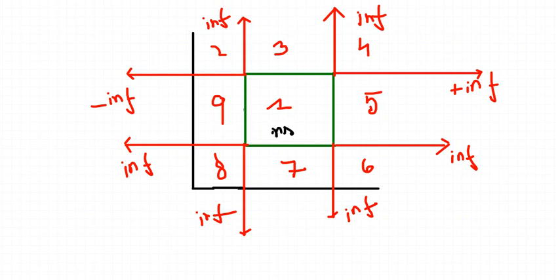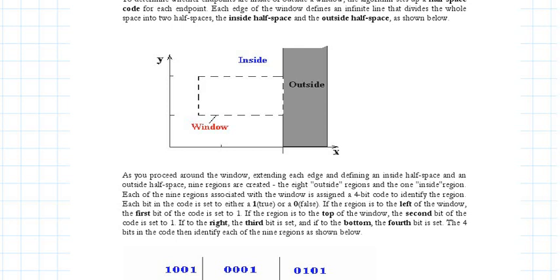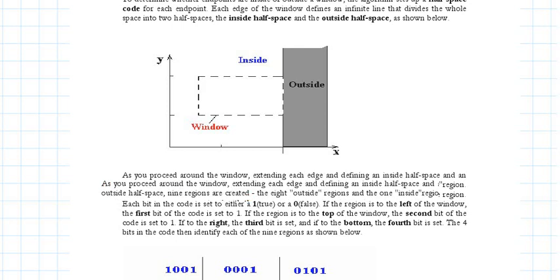Region 1 is inside your clipping window, and the remaining 8 regions are actually outside your clipping window. So this is what has been said in this portion of the note.